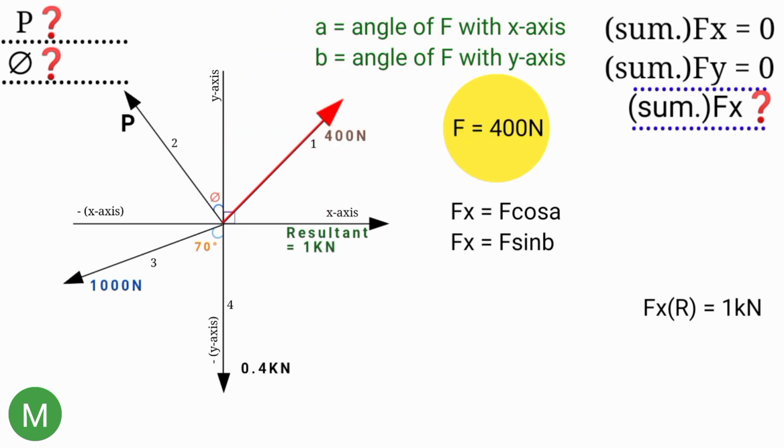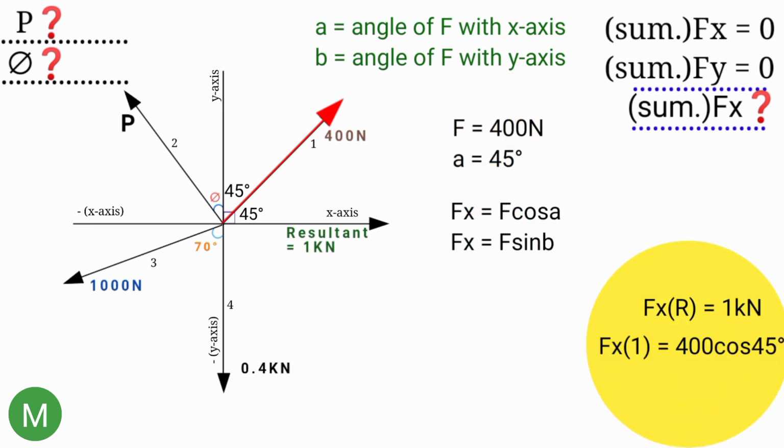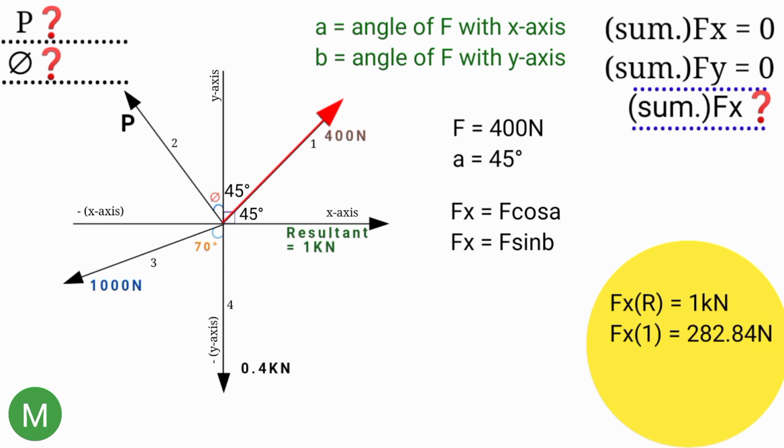So here, F is 400 Newton, and if you look, the force bisects this right angle here. 90 over 2 is 45 degrees. So A, which is the angle inclined with the x-axis, is 45 degrees. Substituting here now, Fx for 400 Newton is 400 cos 45 degrees, which if we press the calculator is equal to 282.84. So Fx equal to 282.84 Newton.